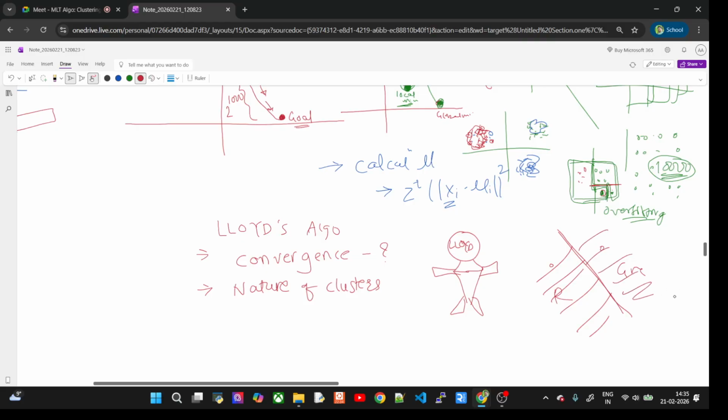If you need to create 3 clusters, it will be something like this: red, green and blue. This is the nature of the clusters, depending upon your clustering, whether 2 clusters, 3 clusters and so on.